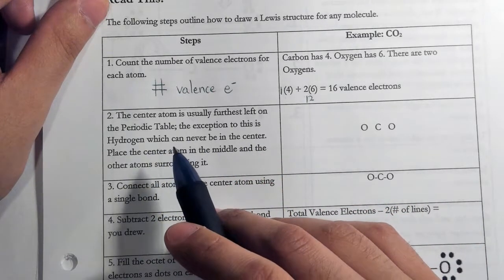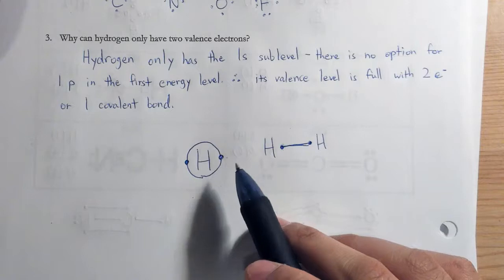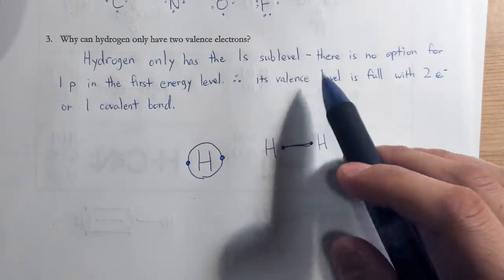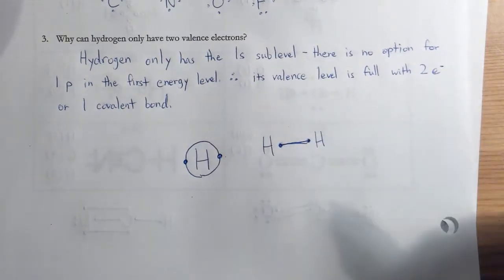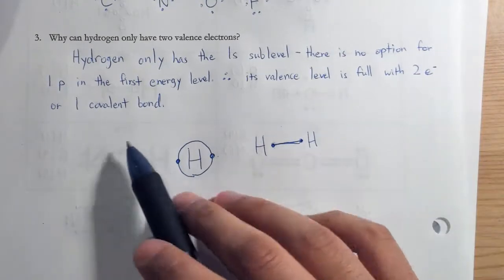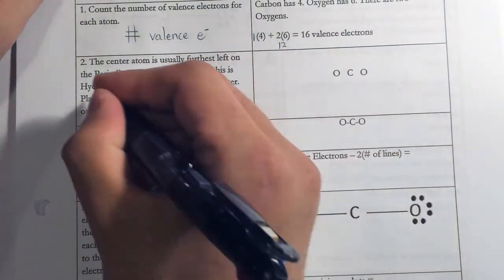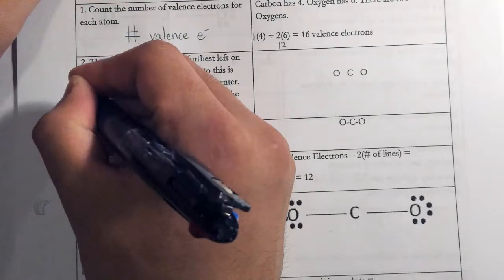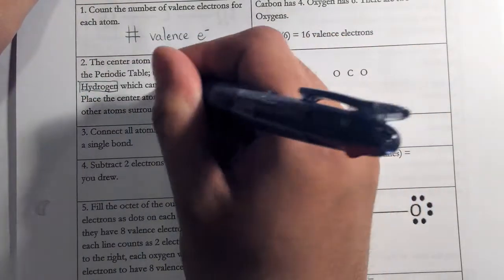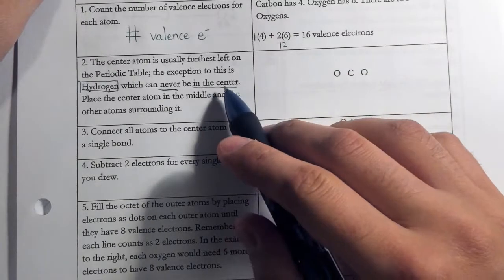And also, if we look back at our notes, remember that hydrogen has a first s sublevel, so its maximum amount of valence electrons is 2 electrons, or 1 covalent bond. So that's why hydrogen is never in the center.